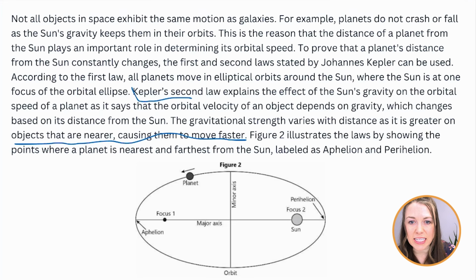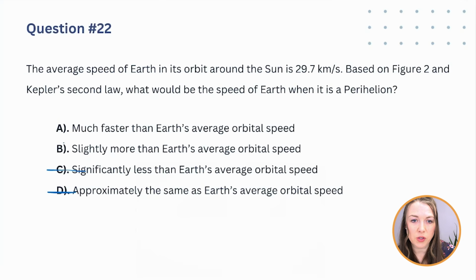So let's look and see if there's any clue on if it's much faster or slightly faster. The gravitational strength varies with distance as it is greater on objects that are near, causing them to move faster. So because of the way it's worded, we're going to put B as our answer. So it's slightly faster. If it was much faster, the wording would have been a lot different, right?